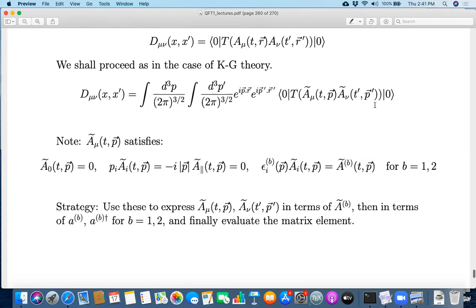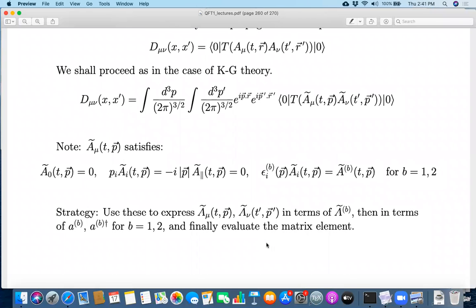We'll get some matrix element involving a's and a daggers, and that we can evaluate by the standard procedure. So that's the strategy we will be following. Are there questions, comments? Okay, if not, let me proceed.